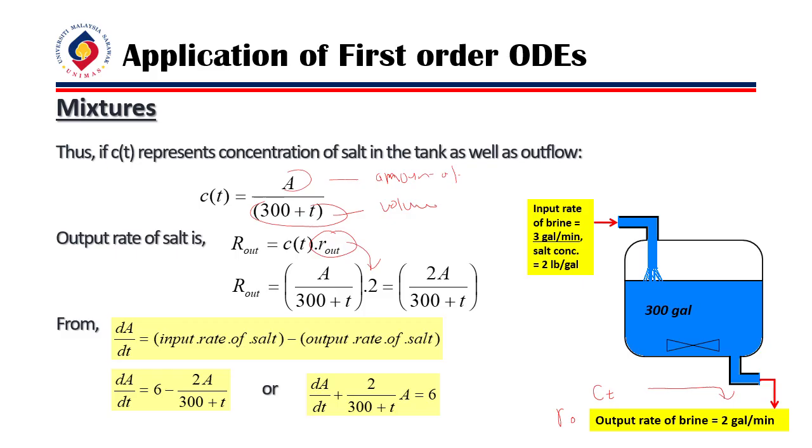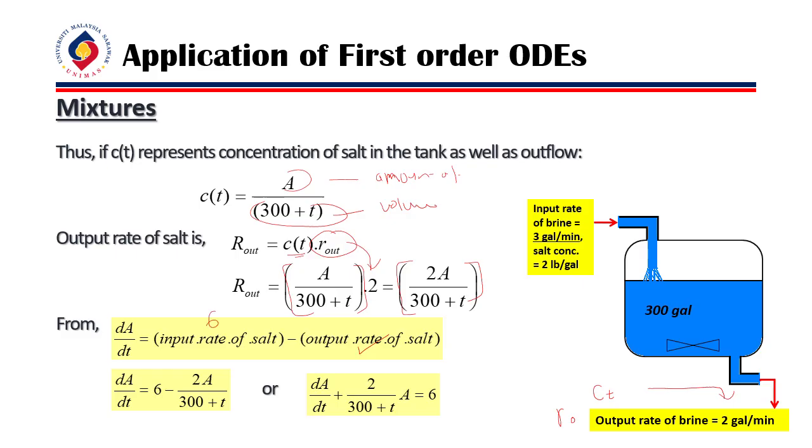This c(t) here is the amount of salt divided by volume. So this is the r out here, so we get the output rate is 2A over 300 plus t. So automatically we get this.